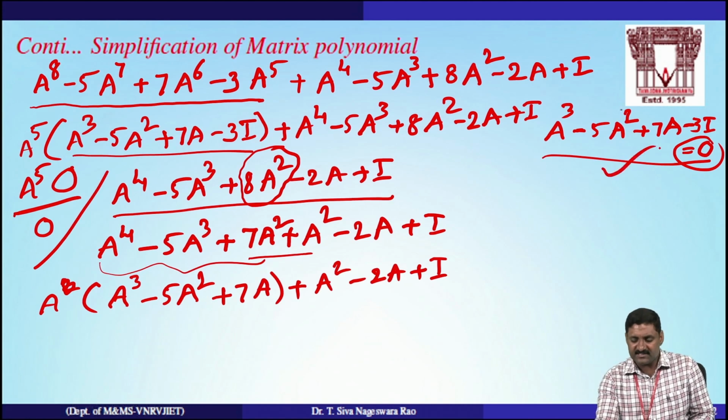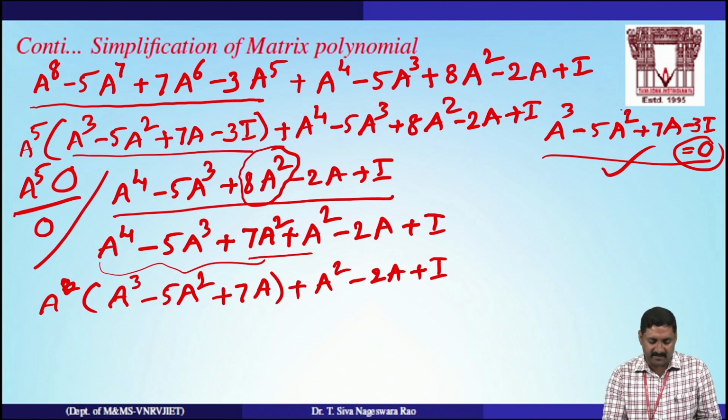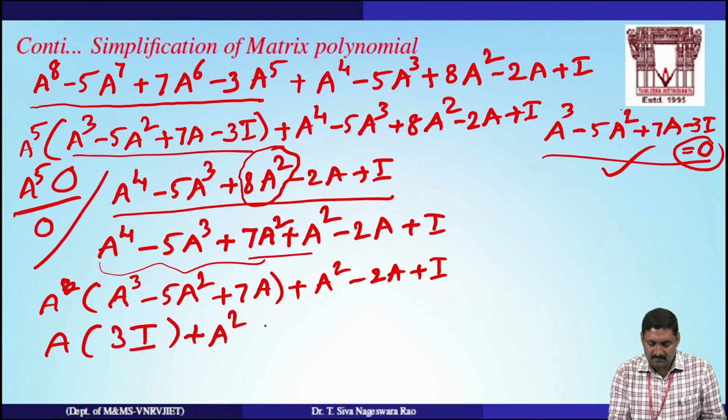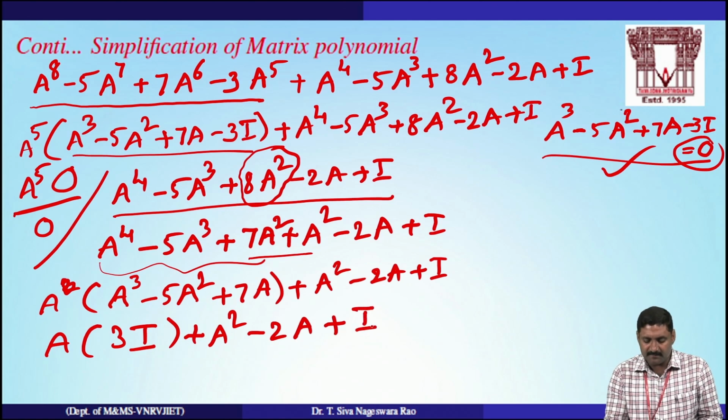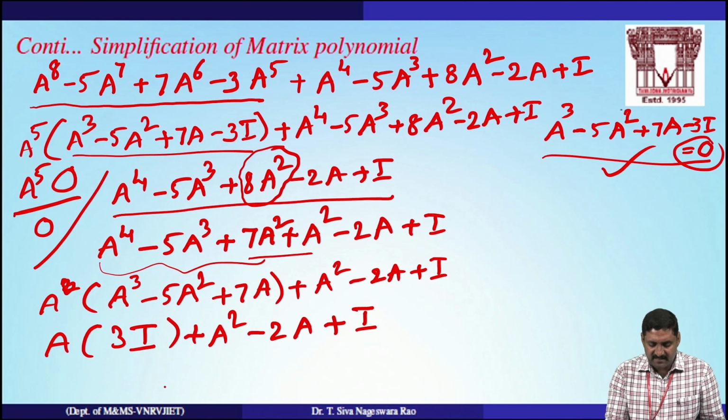Now from this equation, what is A cube minus 5A square plus 7A? Simply it is 3I. So A into 3I plus A square minus 2A plus I. Now simplify this. What you will get?